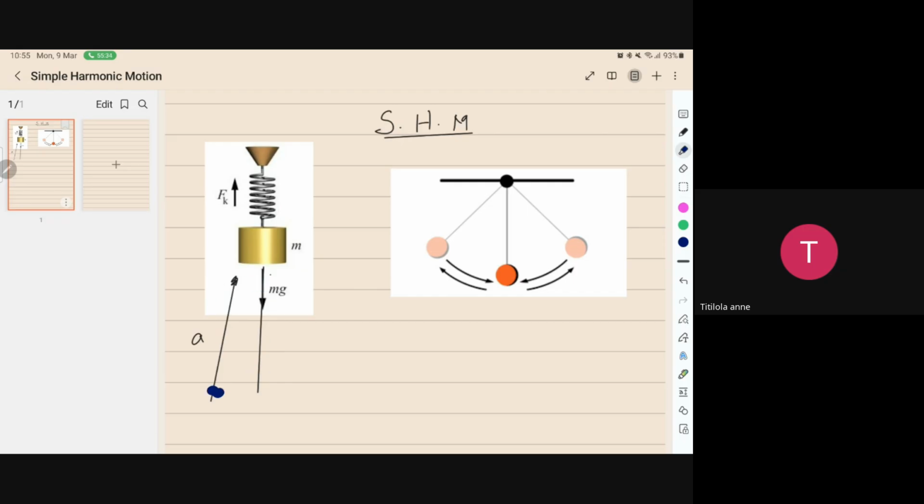What does it mean? The higher the displacement, the more you pull it from its original position, the more it accelerates, the higher the acceleration. The lower the displacement, the lower you pull it, the lower the acceleration. And that acceleration is always opposite to the displacement.